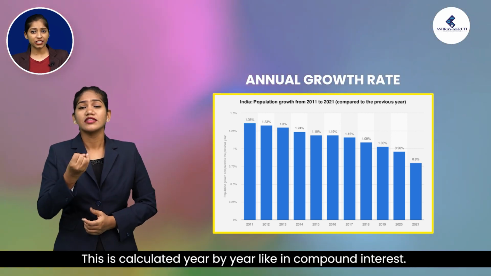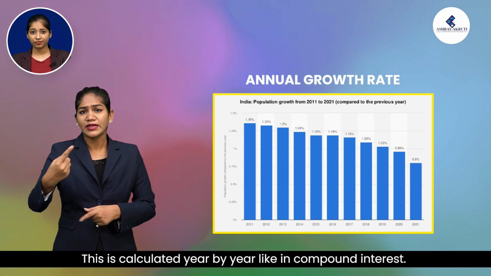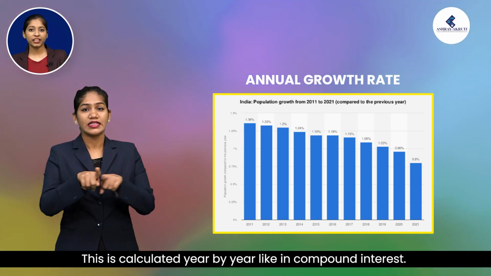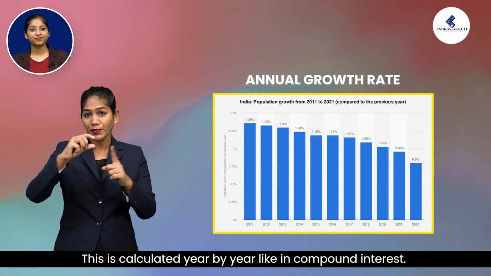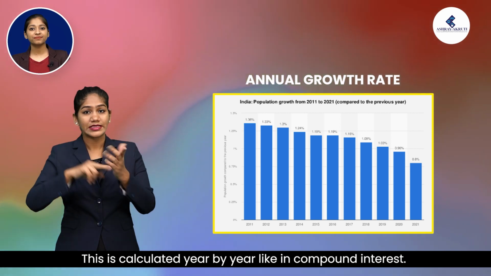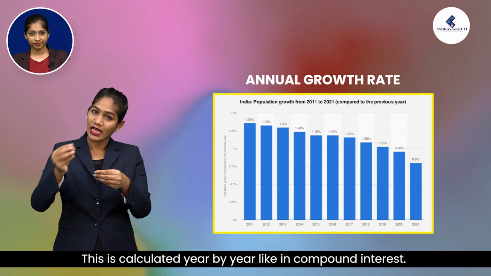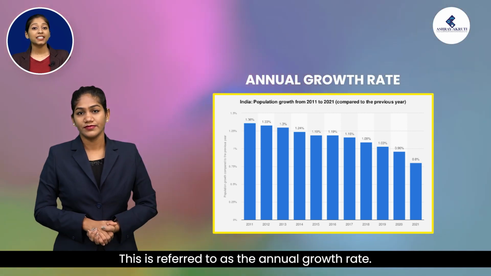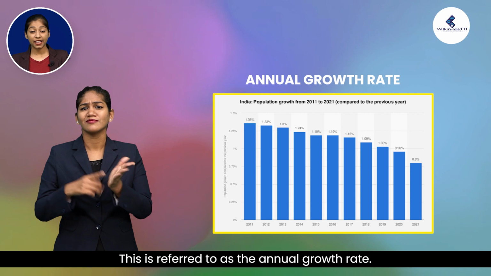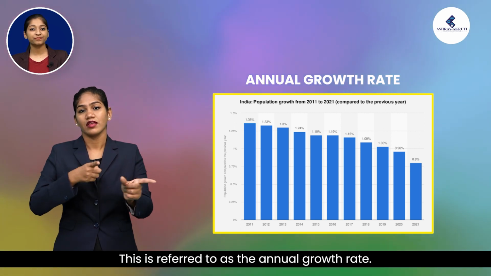This is calculated year by year, like in compound interest. This is referred to as the annual growth rate.